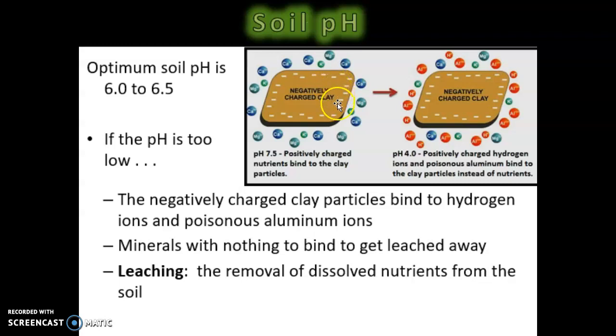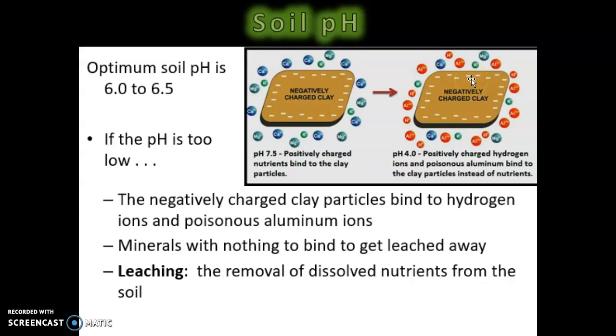But when you take that same clay particle and stick it into an acidic soil that has lots of H+ ions, now these little H+ ions, the things you see here in red, start binding to that negatively charged clay particle. And when that clay particle gets surrounded by these hydrogen ions in this acidic soil, there's no room left for calcium, magnesium, potassium, all these good minerals to bind to, so they have nothing to hold on to.